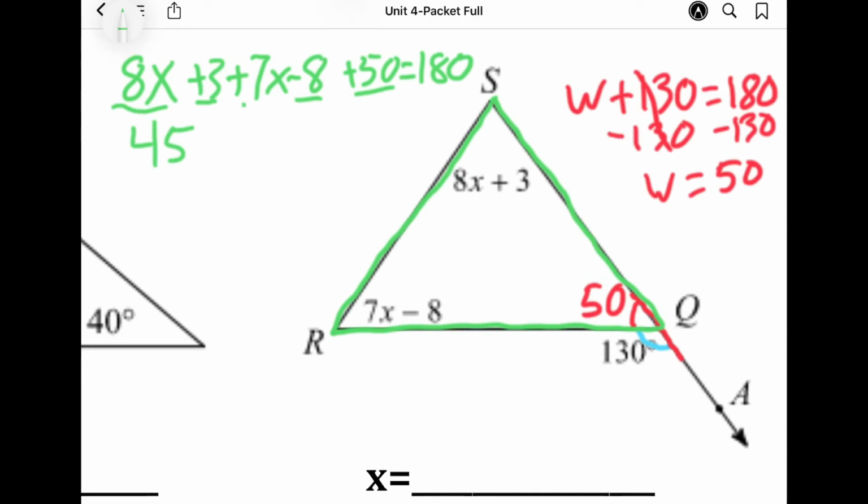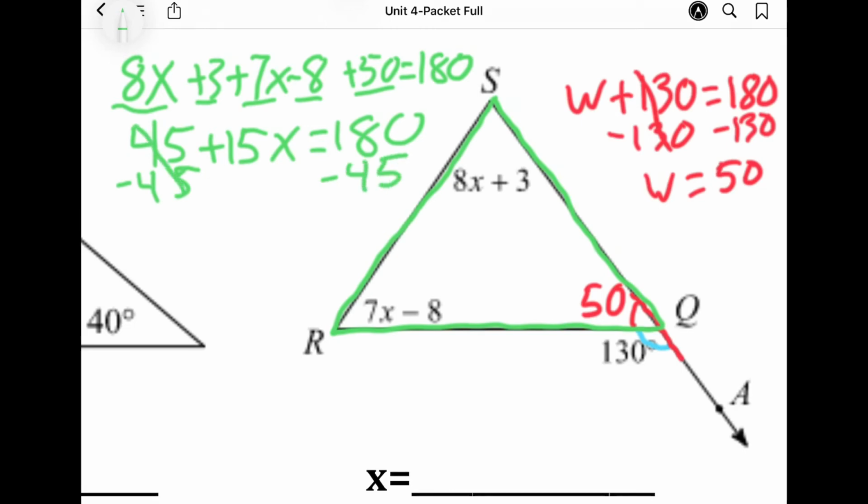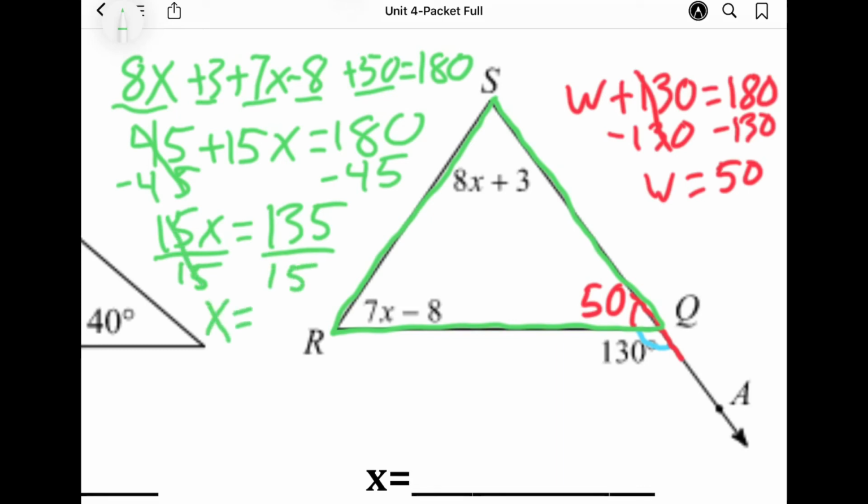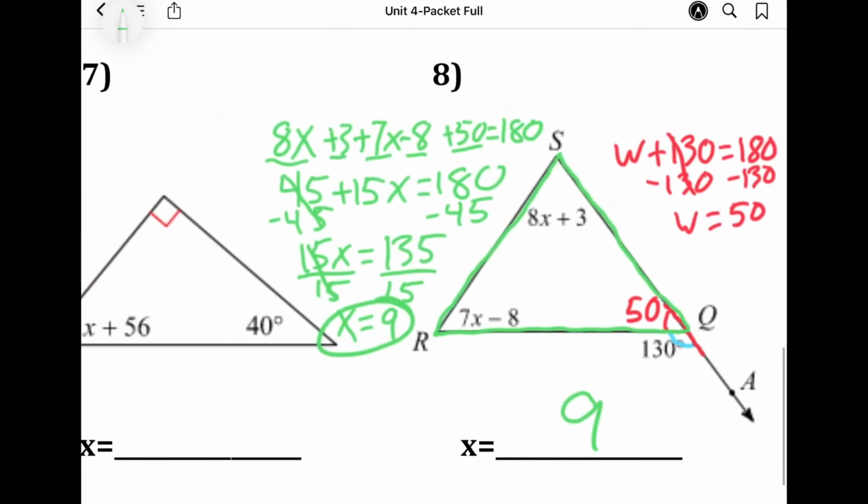Then I have 8x and 7x, so I have positive 15x, plus 45 equals 180. Subtract 45 from both sides. Get 15x equals 135. Divide by 15. x equals 9. So that is my answer for number 8.